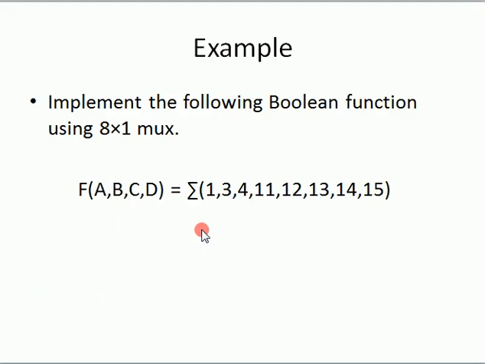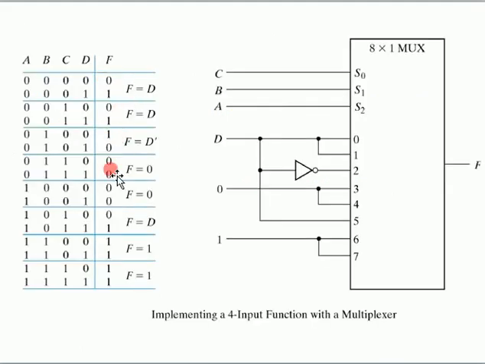So we have 1, 3, 4, 11, 12, 13, 14, 15 equal to 1.